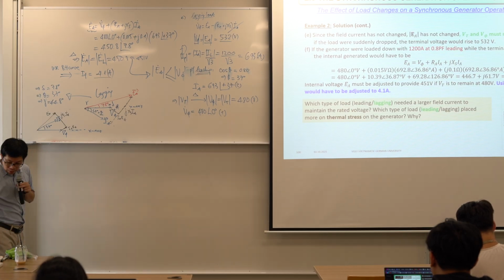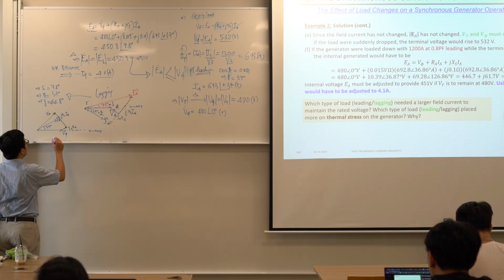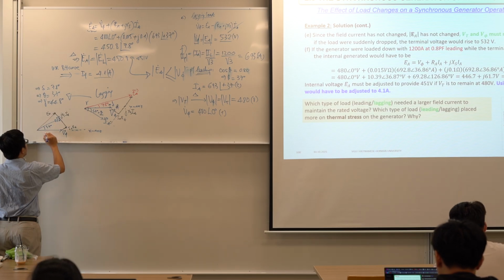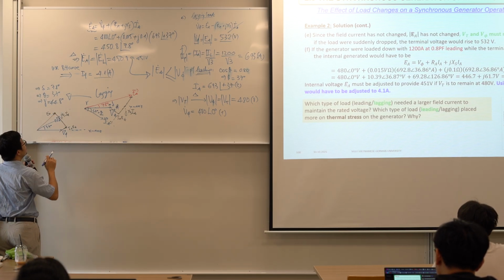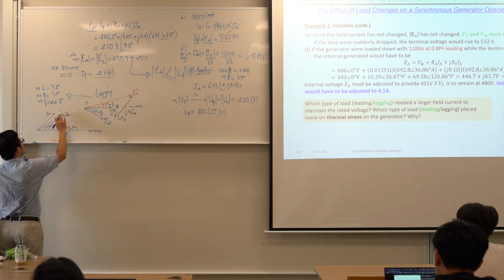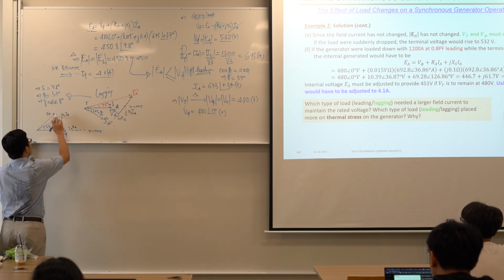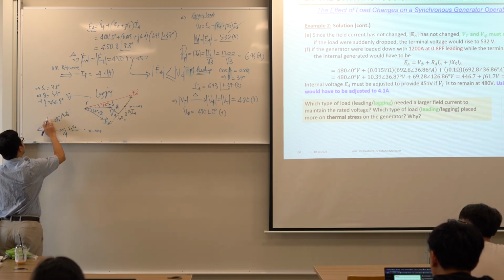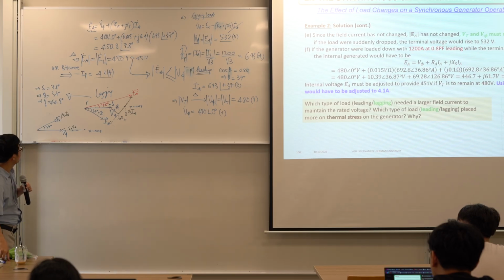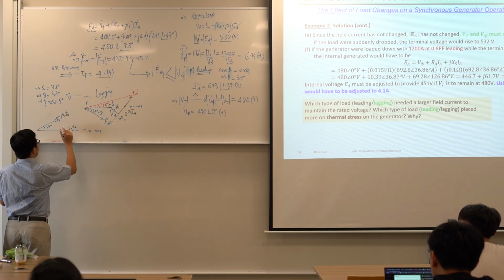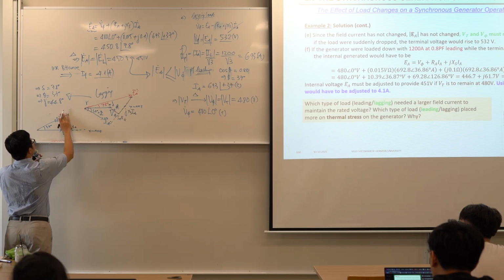So here we have EA and the phase angle, just 7.8 degrees, very small. So maybe here we just reduce a little bit.